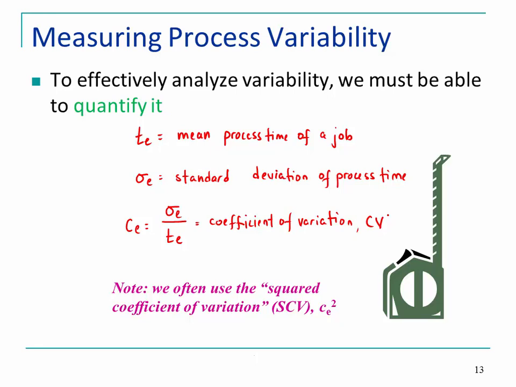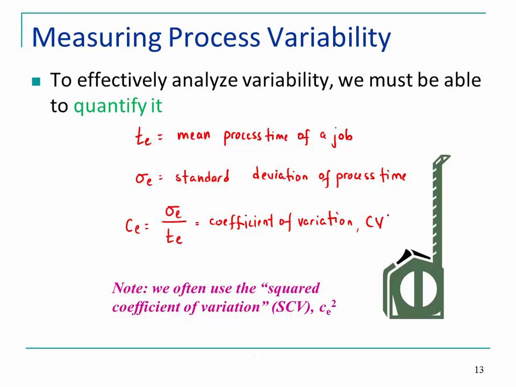So, note, we often use the squared coefficient of variation to make also a comparison. So in terms of the standard deviation, that would be this one, but if you look at the square, you're going to have to square this one to get the variance, and also you will need to square the average. You should end up with the same analysis, well, the same output in terms of the decision that you're going to make.